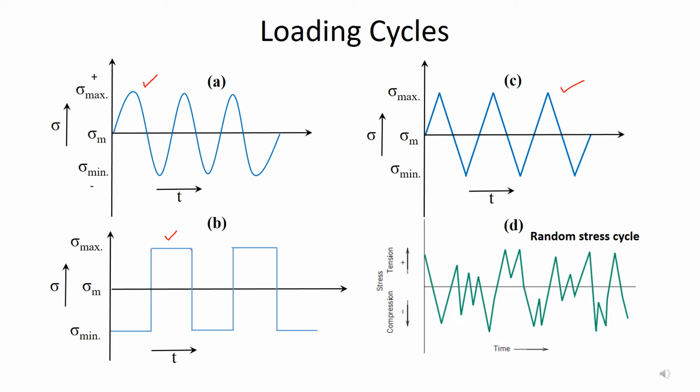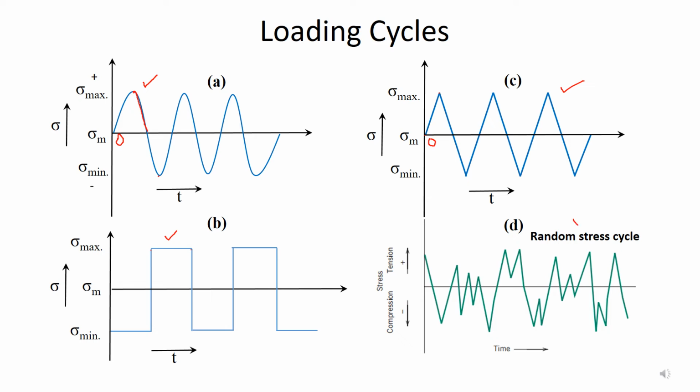Here this is the zero position, and from the zero position in the upward direction, the load is tensile in nature. Then the magnitude of the load is decreasing, and after that it is changing into the compressive load.